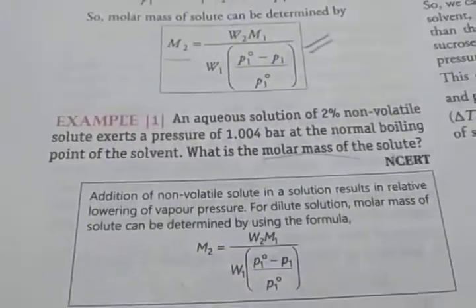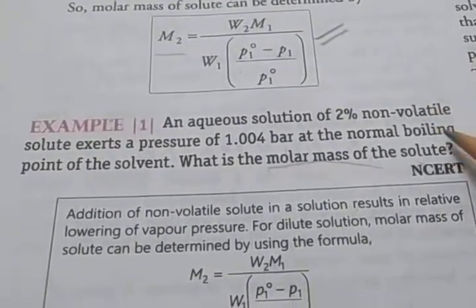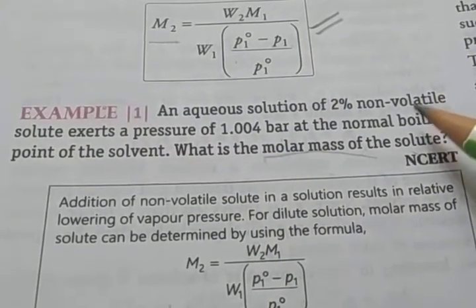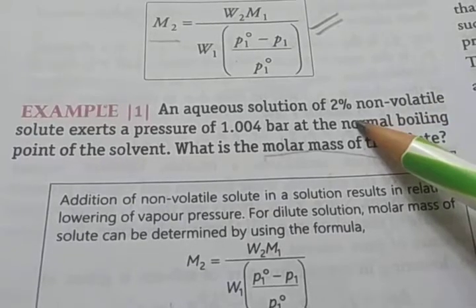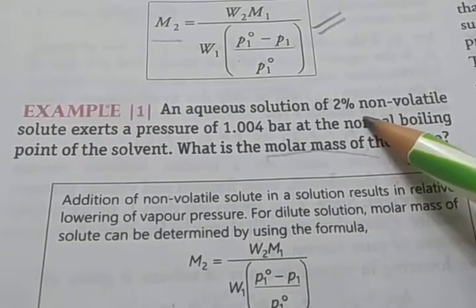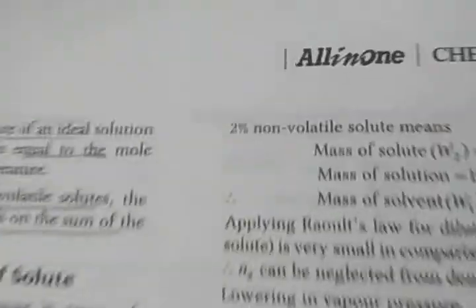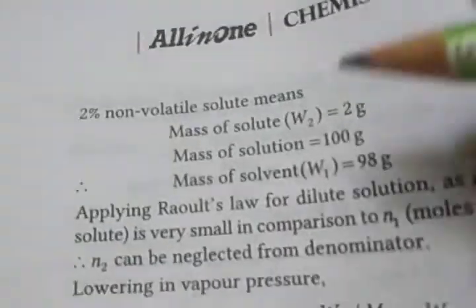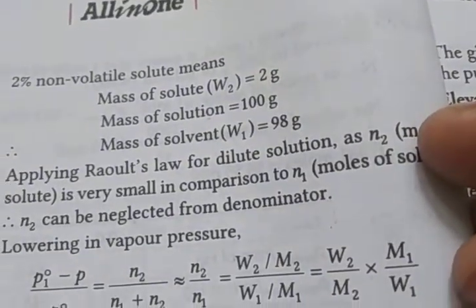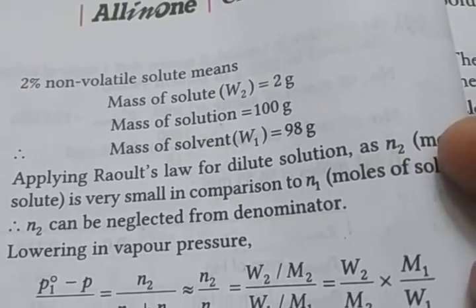Then here it is given 2% non-volatile solute. 2% non-volatile solute means the mass of the solute is 2 gram and the mass of the solution is 100 gram, so the remaining is the solvent. So the mass of the solvent is 98 gram. So W2 is equal to 2 gram, and the mass of the solvent W1 is equal to 98 gram.